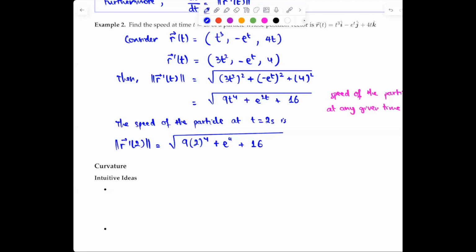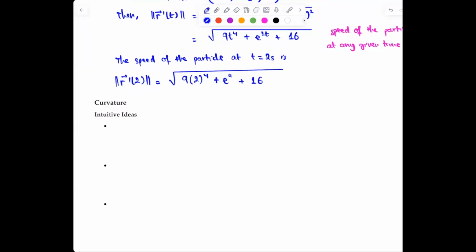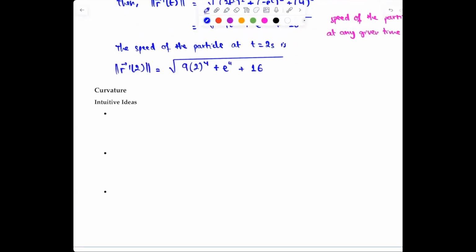All right. I'm going to move on to another concept of vector valued functions called curvature. So the curvature of a curve, right? Let me give you some intuitive ideas.